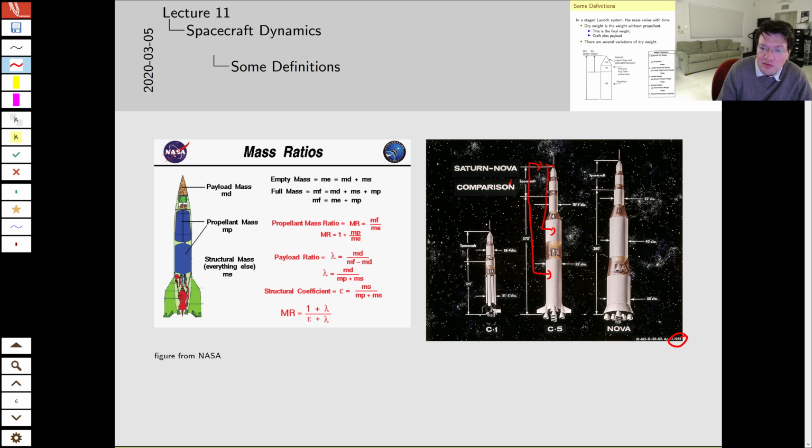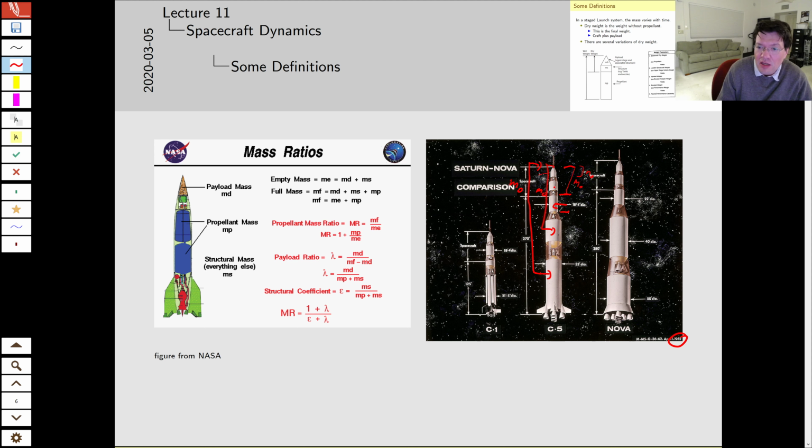So M naught. This rocket here has a payload which is everything above that, and then we have a separate payload here.